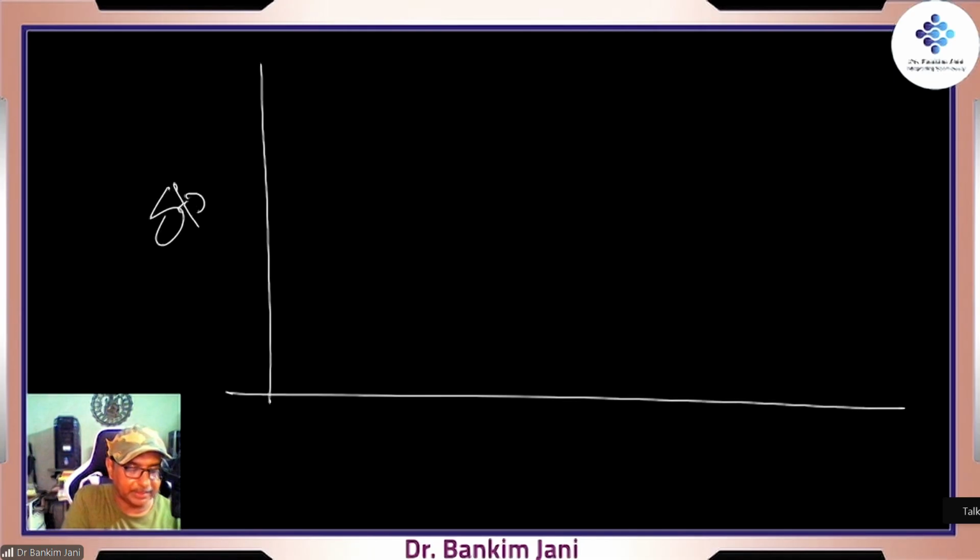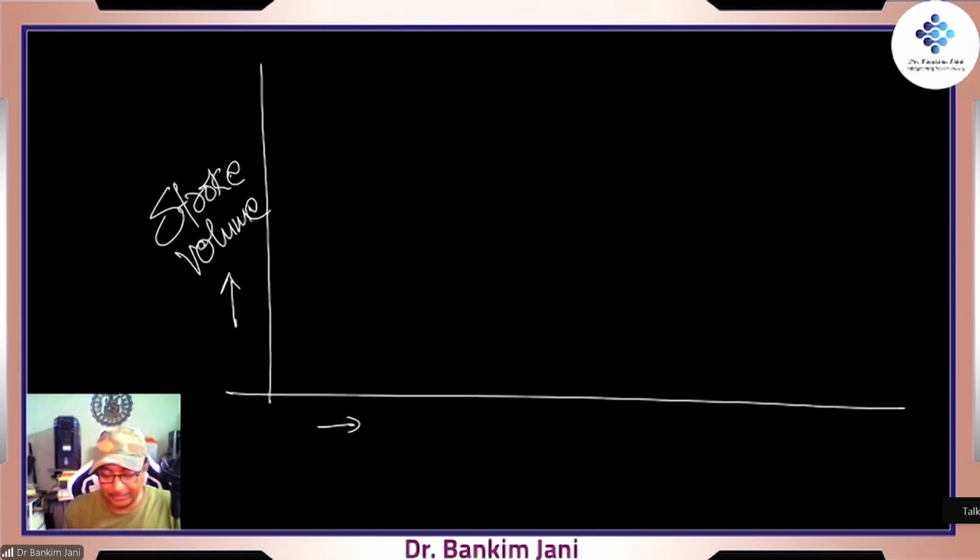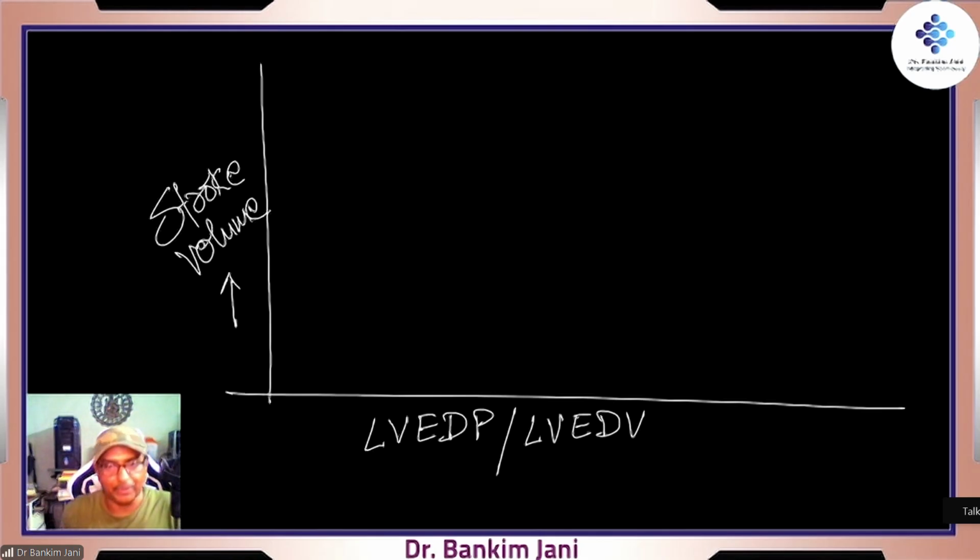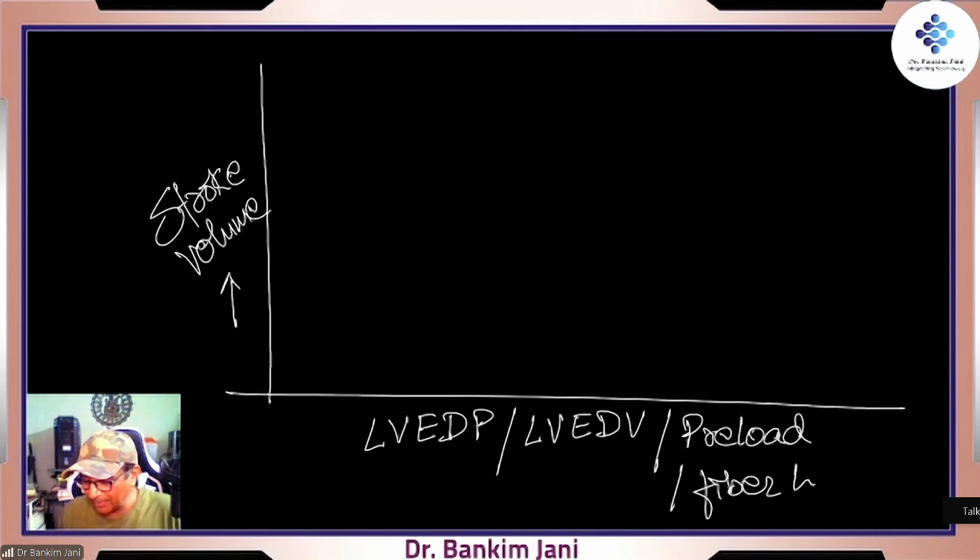On one side, there is the stroke volume, and this is on the y-axis, and on the x-axis we have the left ventricular end diastolic pressure, or you can write left ventricular end diastolic volume, one and the same thing, or you can write preload, am I right? Or you can write fiber length. All these are interconnected.